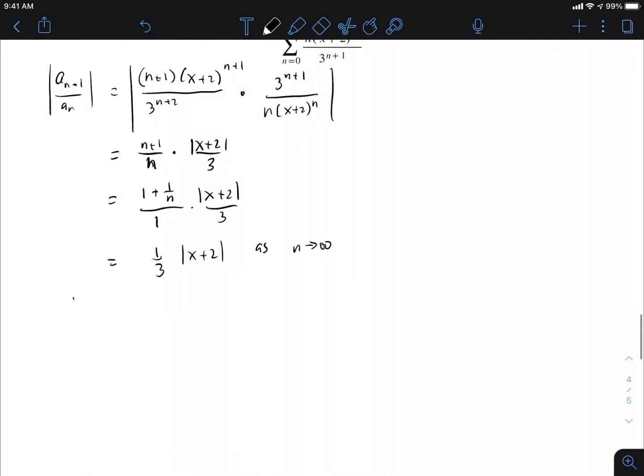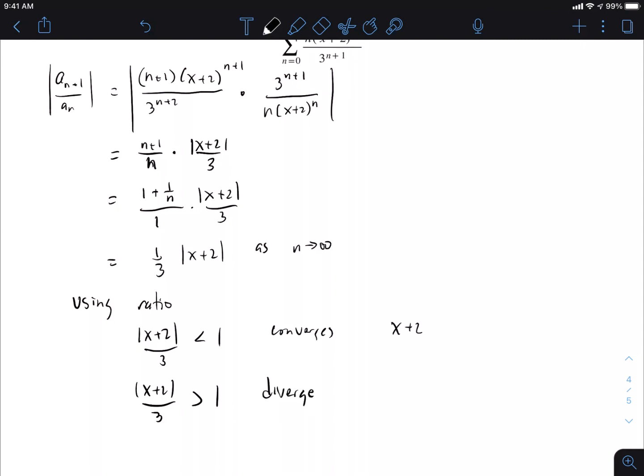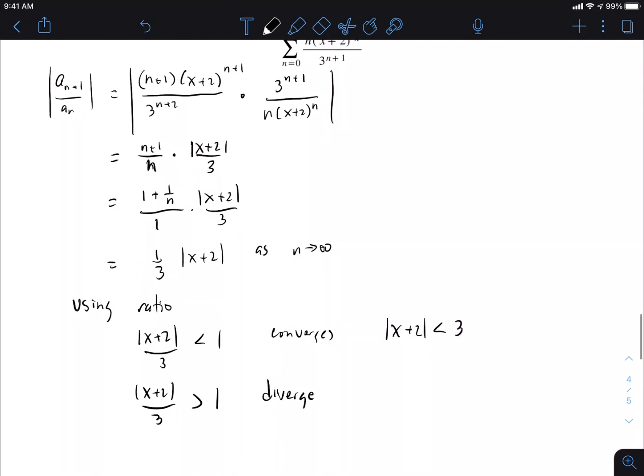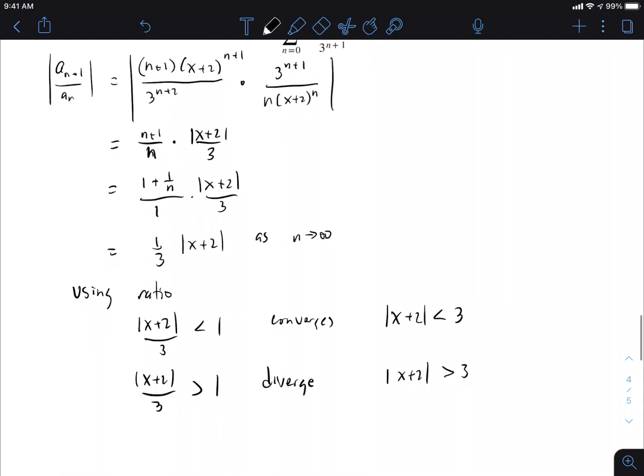By the ratio test, we know that the absolute value of x plus 2 over 3, if it's less than 1, converges. And if it's greater than 1, it's going to diverge. And so that tells me that the absolute value of x plus 2 less than 3 converges, and greater than 3 would diverge.